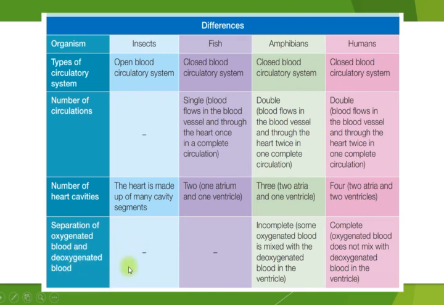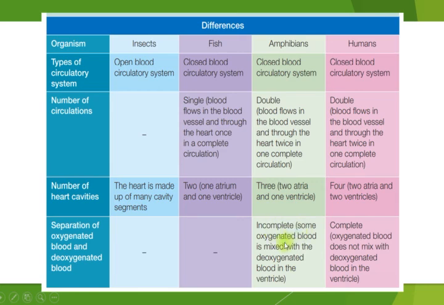Last one, separation of oxygenated blood and deoxygenated blood. For the insect and fish, there is no separation of oxygenated and deoxygenated blood involved. But the amphibian is said to have an incomplete double circulatory system. Why incomplete?